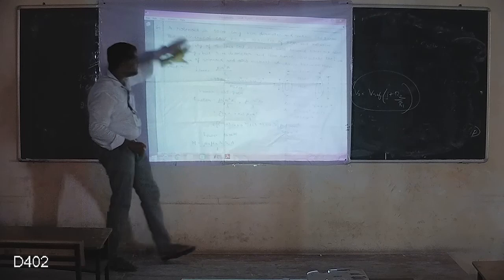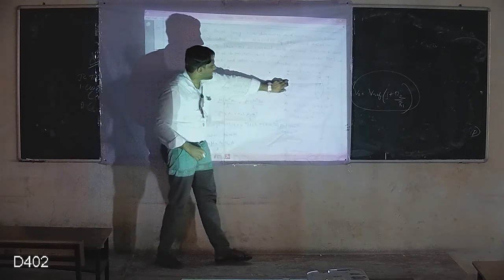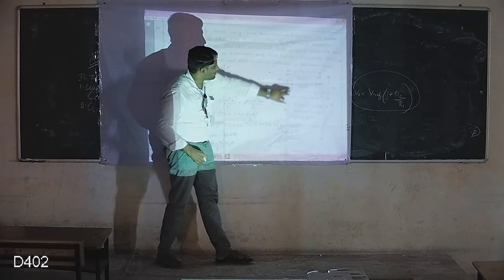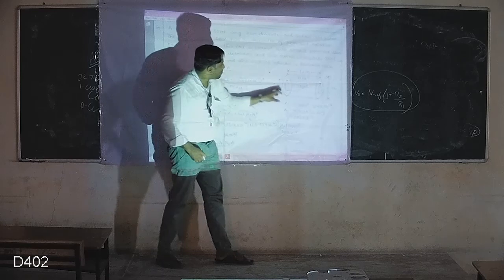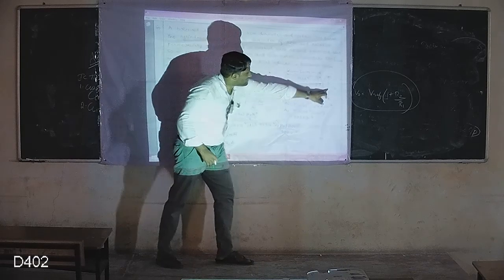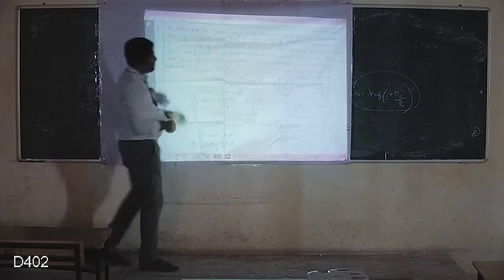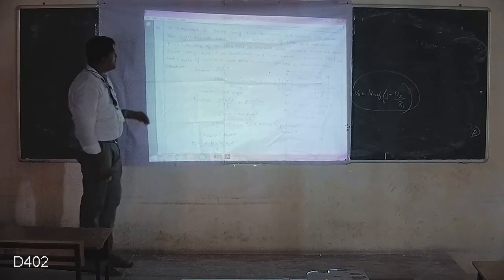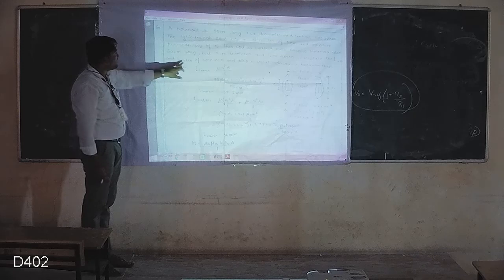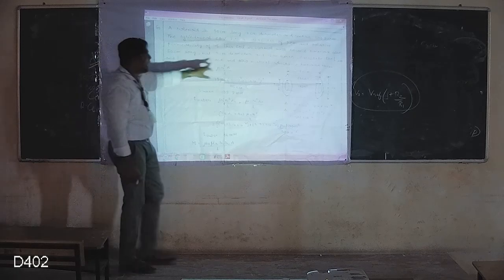All these lines are drawn here: inner solenoid, outer solenoid. Both lengths are 50 centimeter. One is 2 centimeter diameter, the second is 3 centimeter diameter, and the turns are 1500 and 1200. With this given dimension, we have to find the individual inductances L inner, L outer, and the mutual inductance.